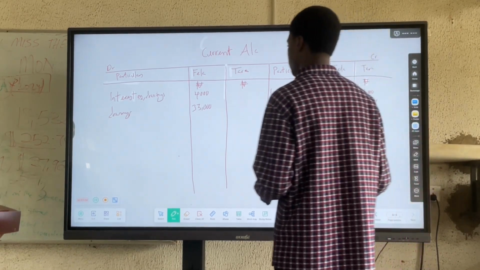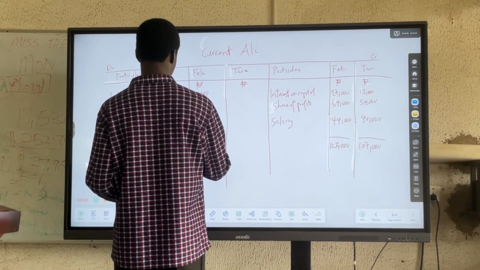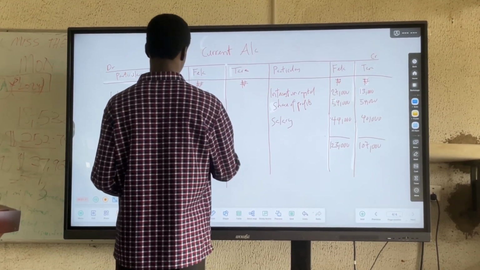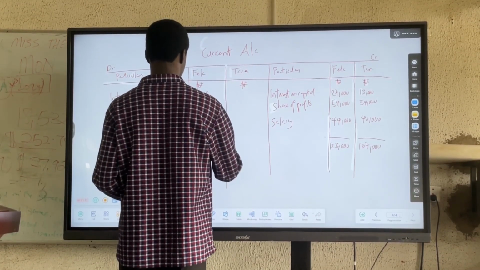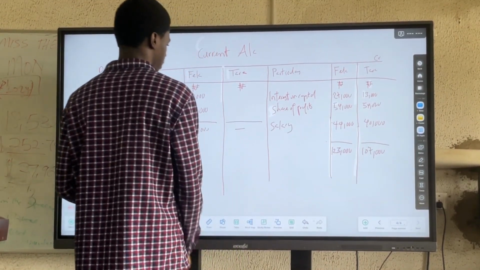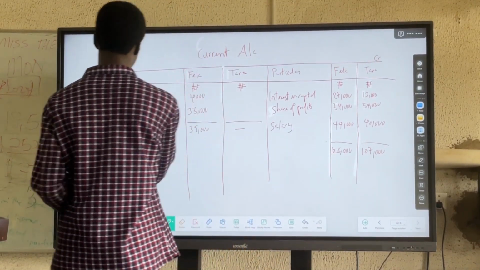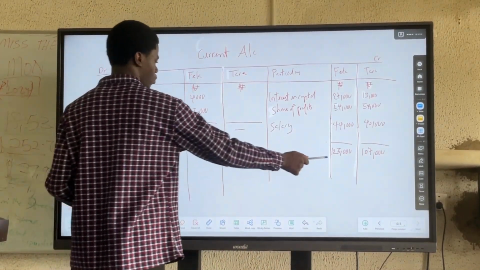Right? Now, the total for this side is what? 39,000. There's nothing here for Tara, so just have a dash here. So this side is higher than this side. What do you do? You bring balance c/d here to make this side equal to this side.